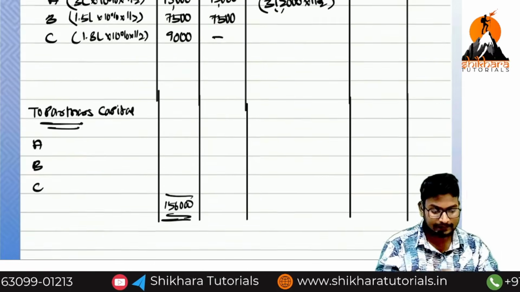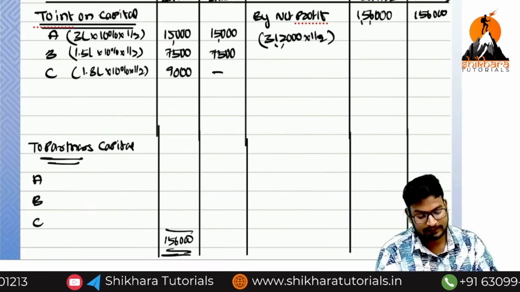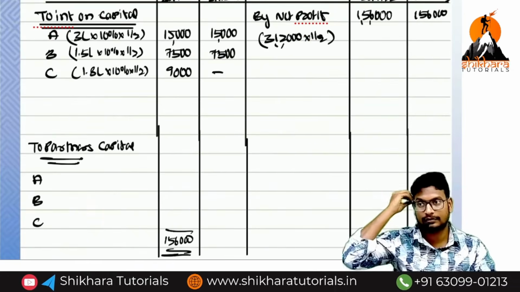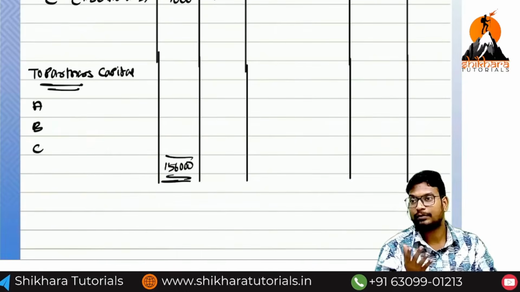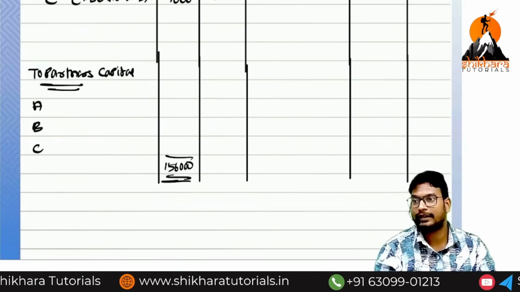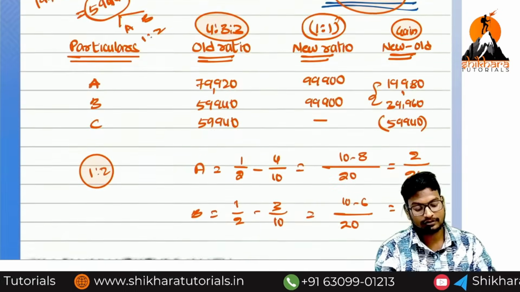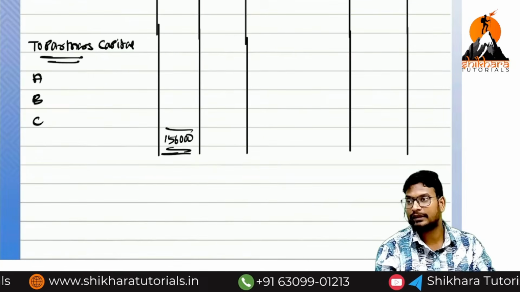Do the calculations properly. 1,56,000 minus 15,000 minus 7,500 minus 9,000 is 1,24,500. What is the old ratio? 4:3:3, so 4/10, 3/10, 3/10.